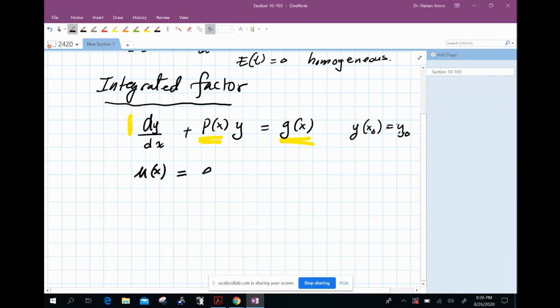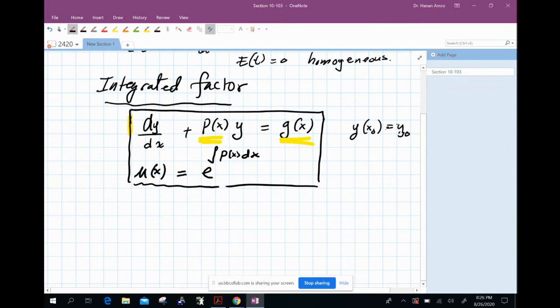And the formula for that is e to the integration of b of x dx. So let's go ahead and box this and have it in your formula sheet as one of the important items for how to solve a linear differential equation.